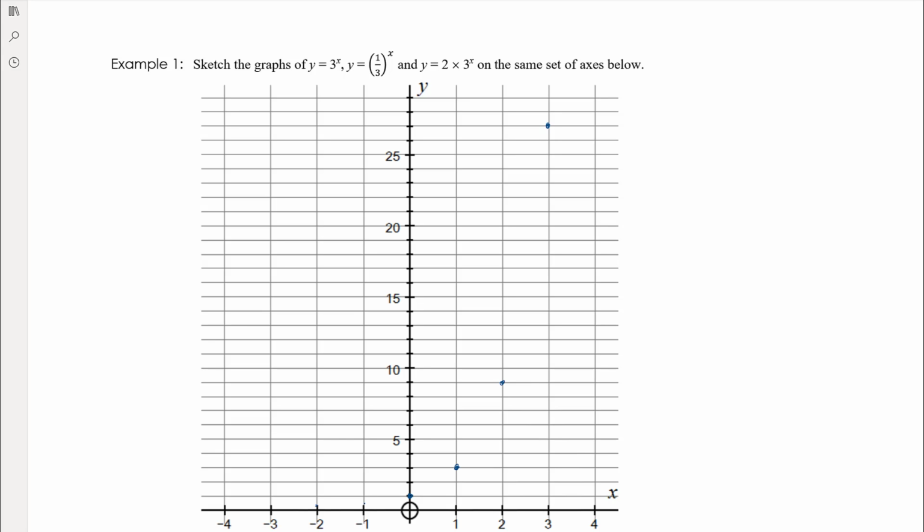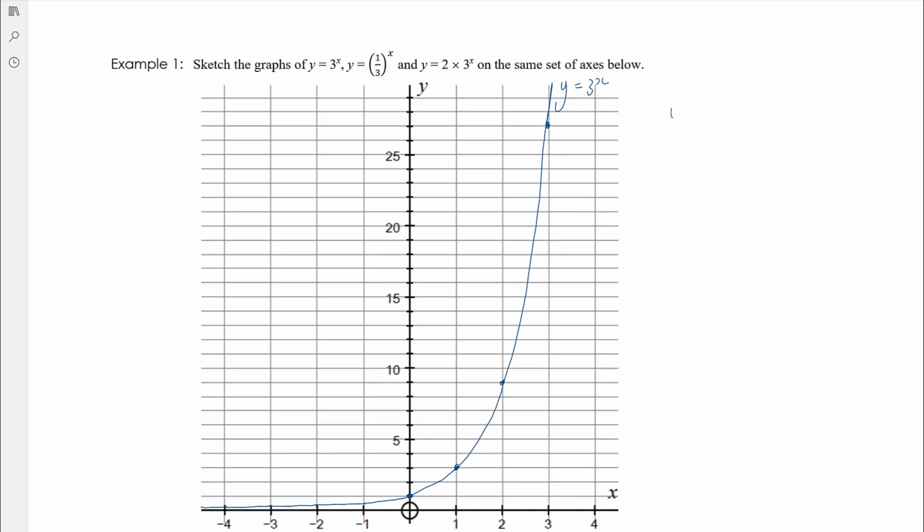So we're going to have a third, a ninth, 1/27th, etc. So quite close to the axis. Pretend that goes through there. Okay, so that's y equals 3 to the power of x.